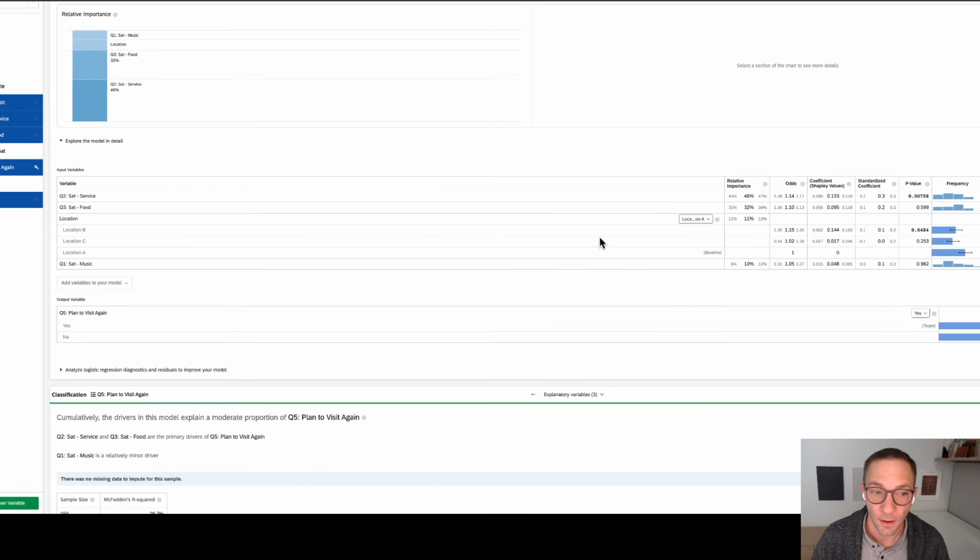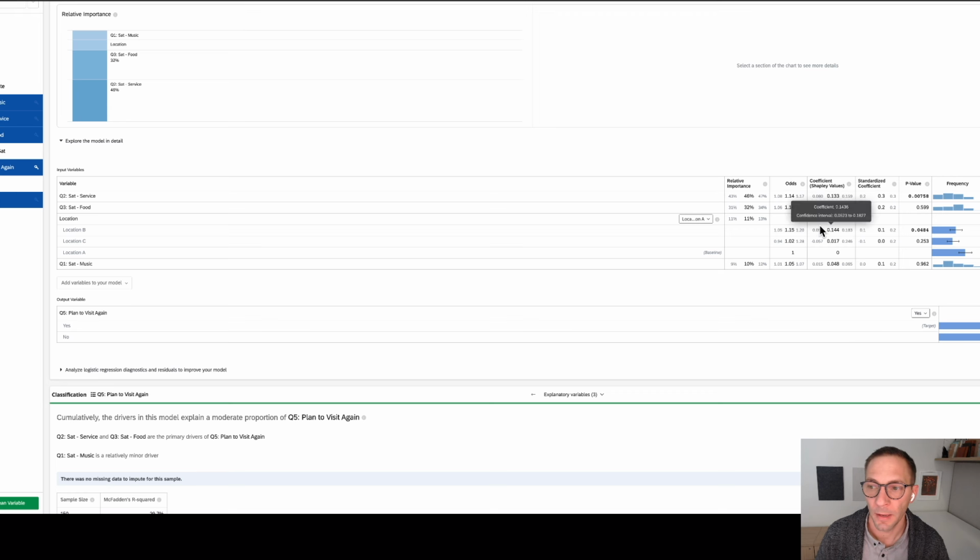Okay, so for the location, the baseline is A. So we can see that between location A and B, B is higher. Okay, so what does that mean? This is kind of getting a little crazy, but look at our target. So our target is a yes. So a positive beta means that there's a higher likelihood that they say yes, they do want to visit again.